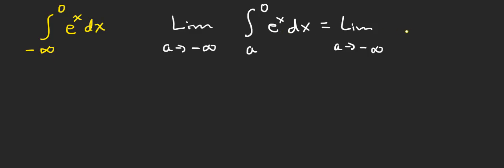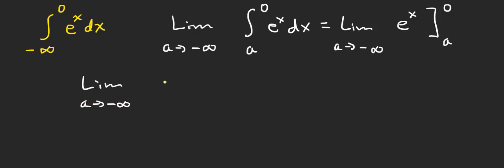What is the integral of e to the x dx? It's just e to the x, from a to 0. So you get the limit as a goes to negative infinity of e to the 0 minus e to the a.